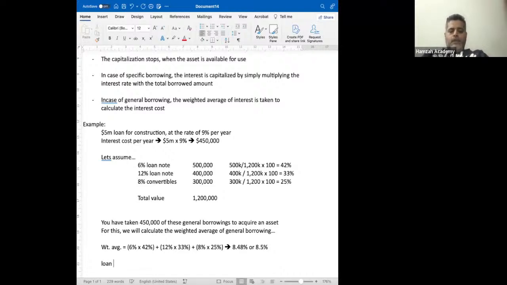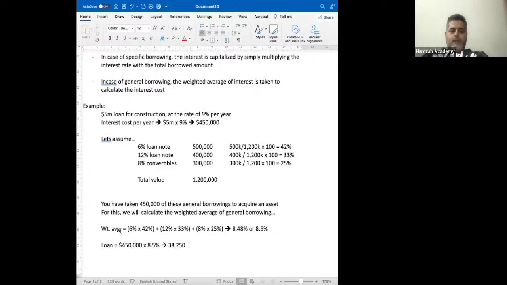Now, the loan is 450,000 multiplied by 8.5%. I'll have my interest cost of 38,250, right?